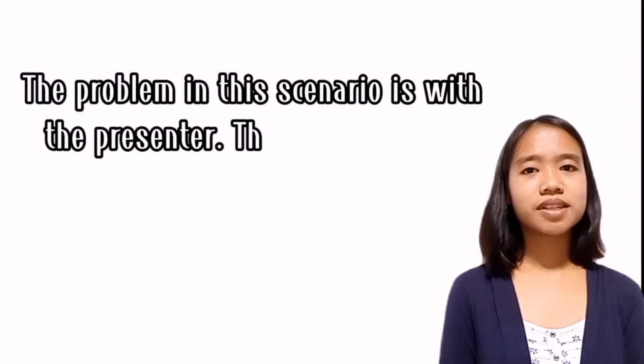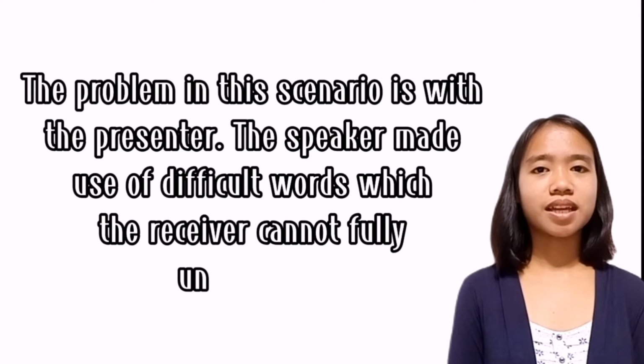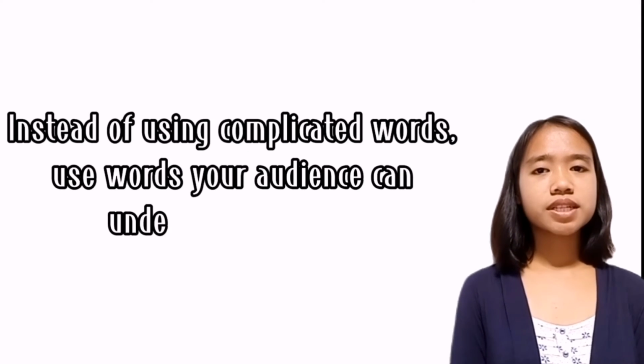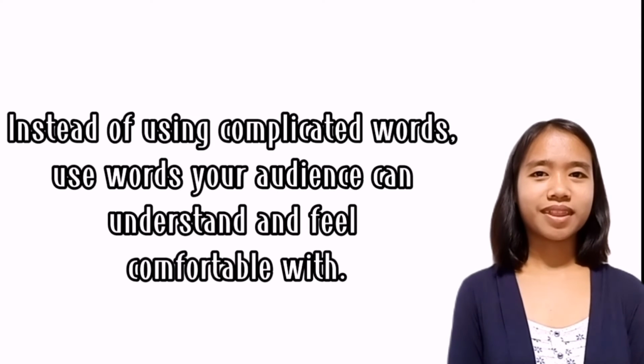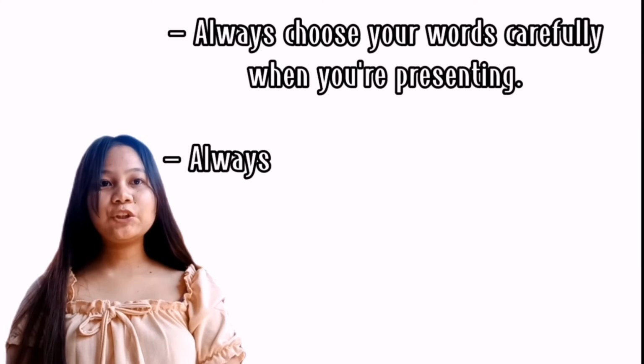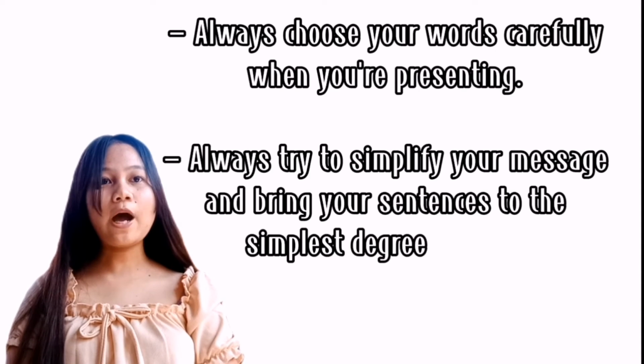The problem in this scenario is with the presenter. The speaker made use of difficult words which the receiver cannot fully understand. Instead of using complicated words, use words your audience can understand and feel comfortable with. Always choose your words carefully when you're presenting. Always try to simplify your message and bring your sentences to the simplest degree to avoid ambiguity.